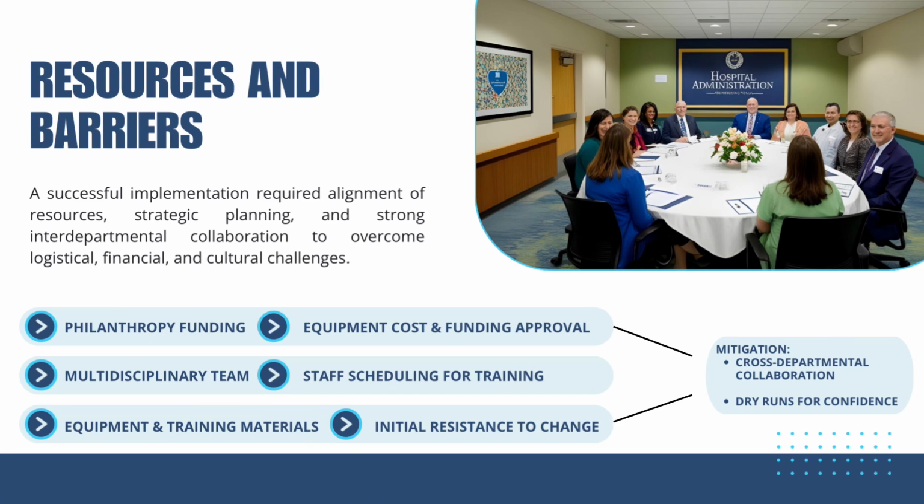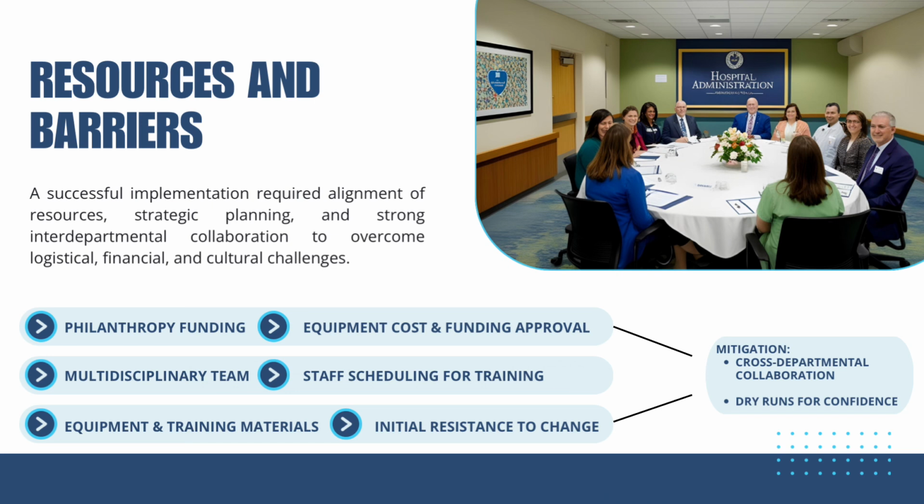In identifying our resources and barriers, the key resources included strong philanthropic support and a dedicated multidisciplinary team. We all wanted to see a change. We wanted something that was better for the patient and improved the workflow for staff. The barriers involved equipment costs, because as you all know, the cost of an MRI-compatible ventilator is not cheap.